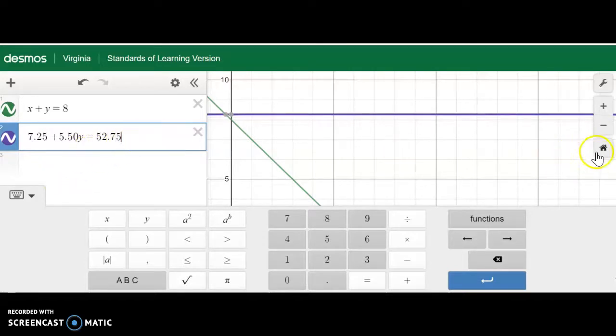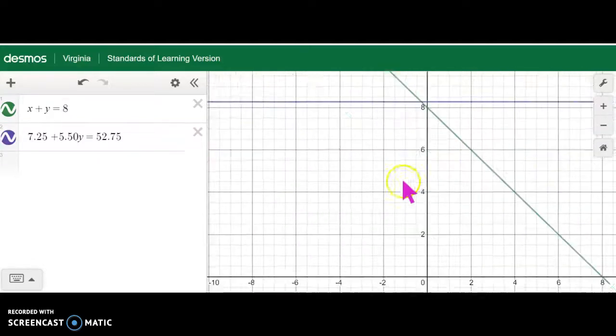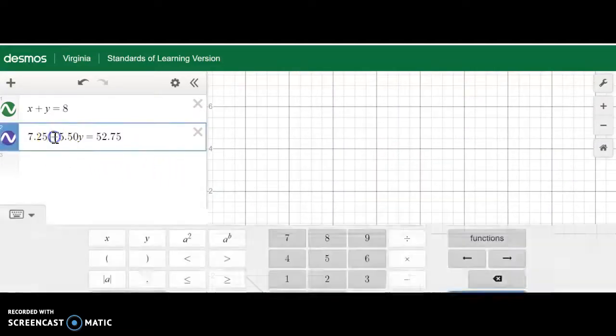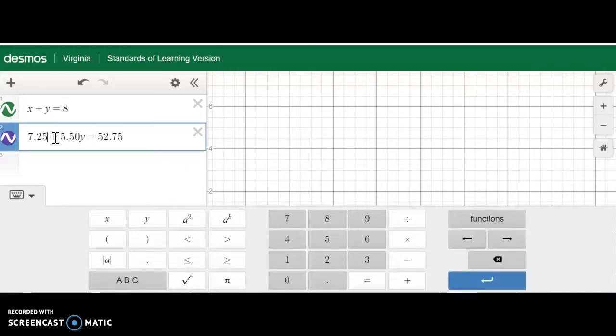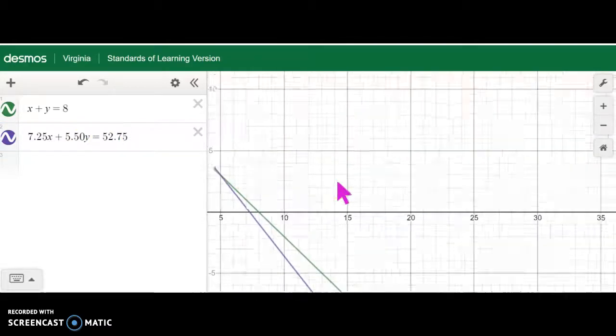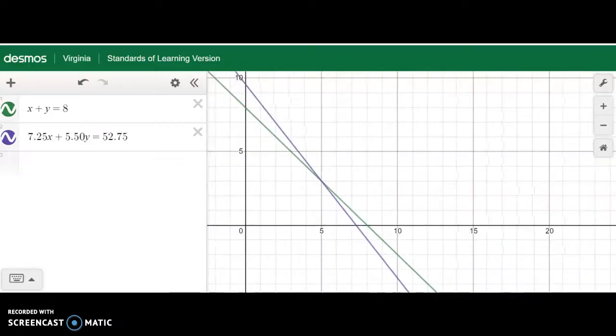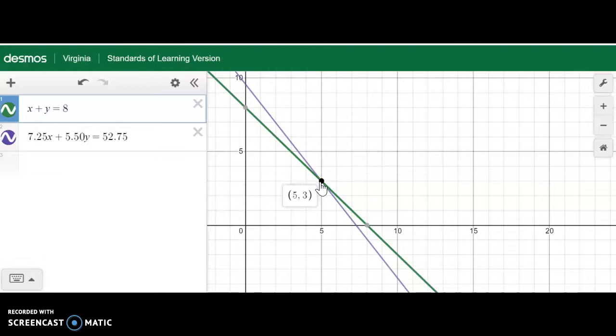Right, and then hit this home button. Something's wrong here. 7.25x plus 5.50y equals 52.75. All right, so here's where they meet. It will usually light up. Okay, so my ordered pair is (5, 3).